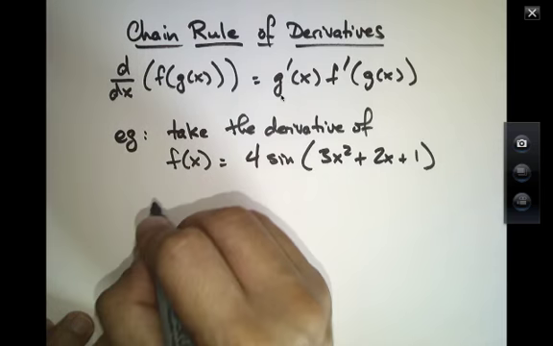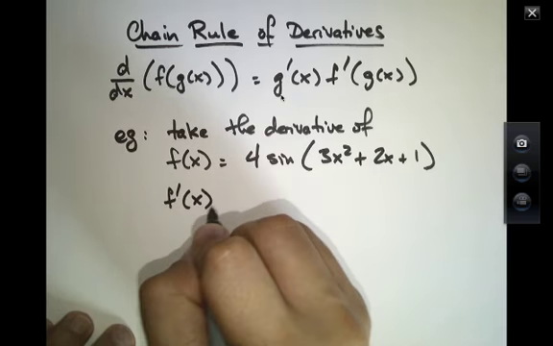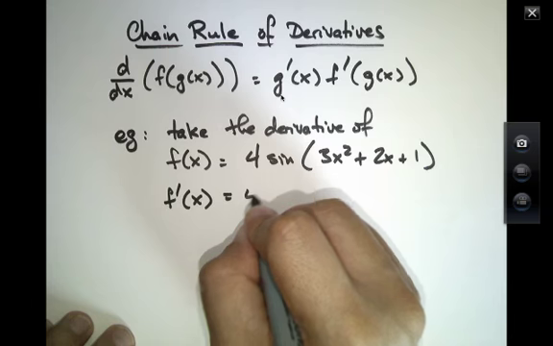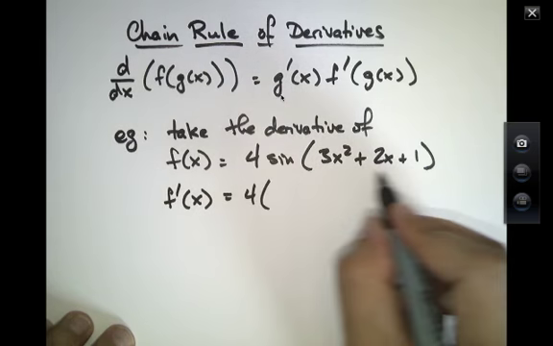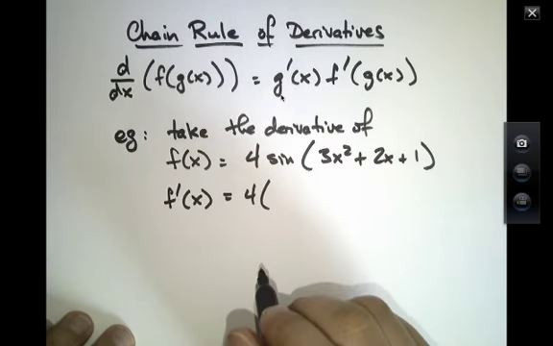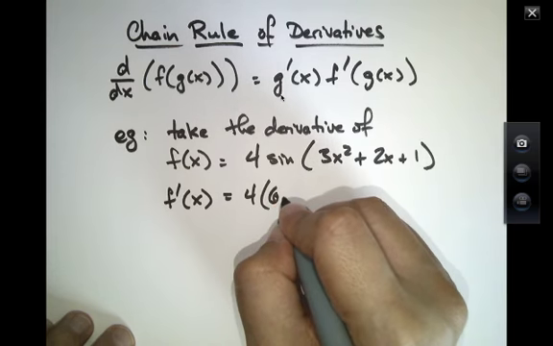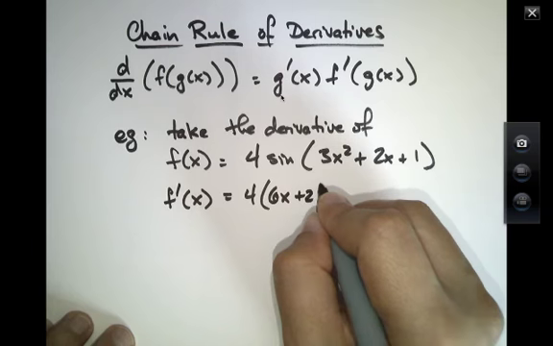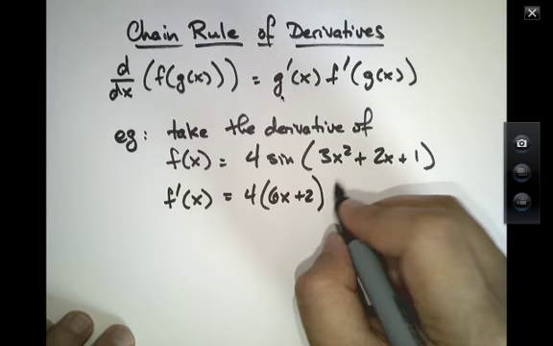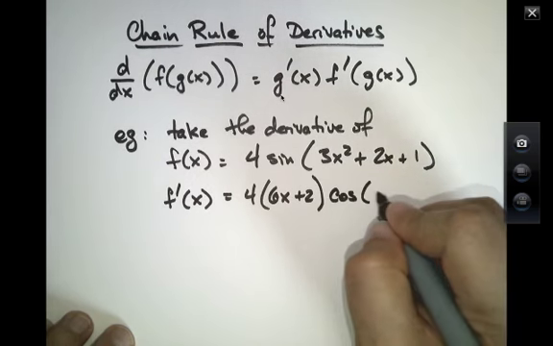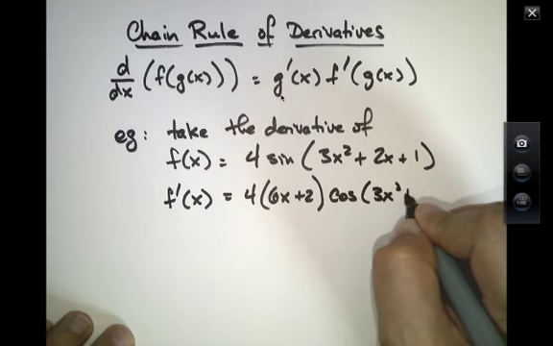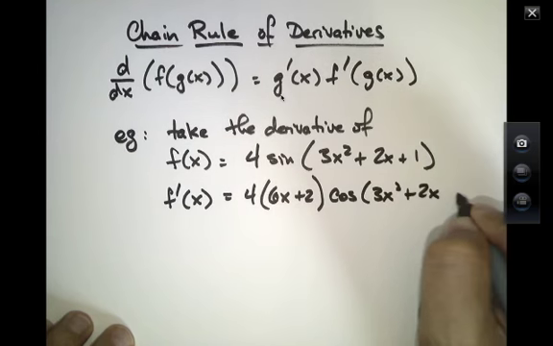How would I evaluate the derivative? The derivative would be 4 times the derivative of this thing on the inside, which would be 6x plus 2, times the cosine of 3x squared plus 2x plus 1.